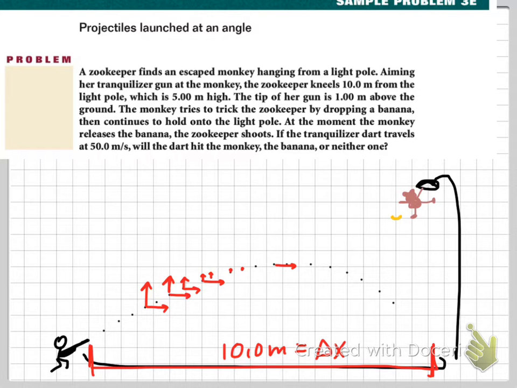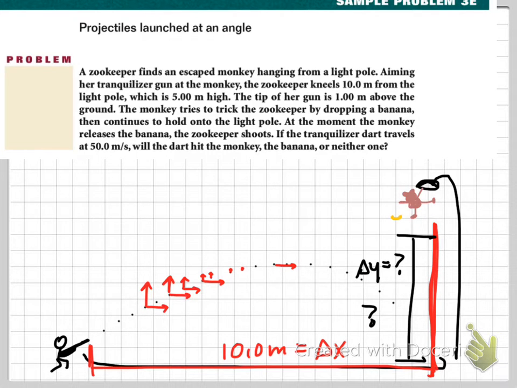But what we're interested in is when delta x equals 10 meters, what else is true? Because what we don't know is where on the y-axis that thing is at the point when delta x is 10 meters. So that's our big question.